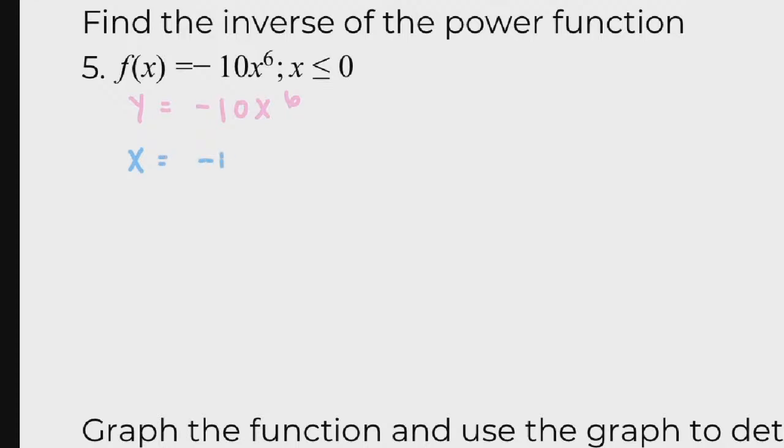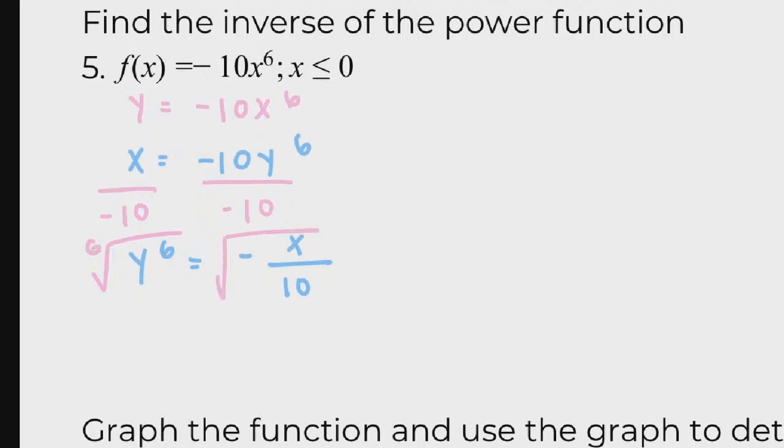So x equals negative 10y to the 6th, and then we want to solve for, sorry, we want to solve for y. So we want to divide by negative 10. So y to the 6th equals negative x over 10, and then we're going to take the 6th root on both sides. So y equals 6th root of negative x over 10.